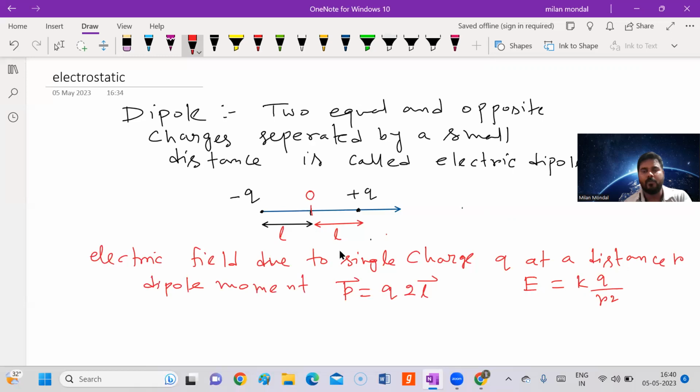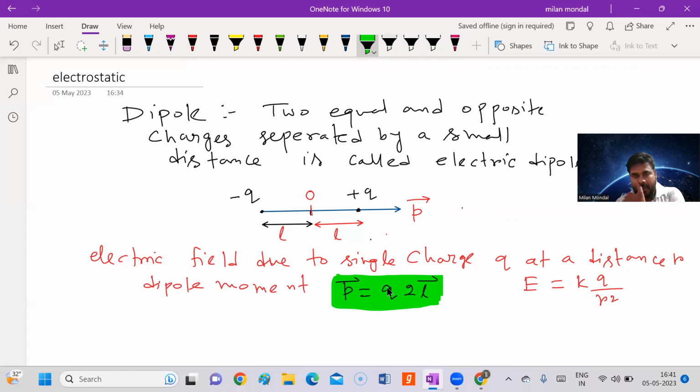So this is the dipole moment. And we can see the direction of dipole moment will be from the minus charge to the plus charge. So you can show this dipole moment like that. So our P is the dipole moment and that arrow represents it, and it is a vector quantity.